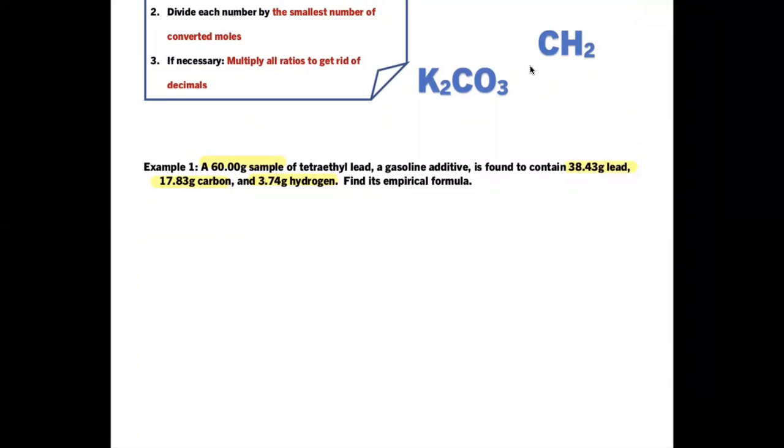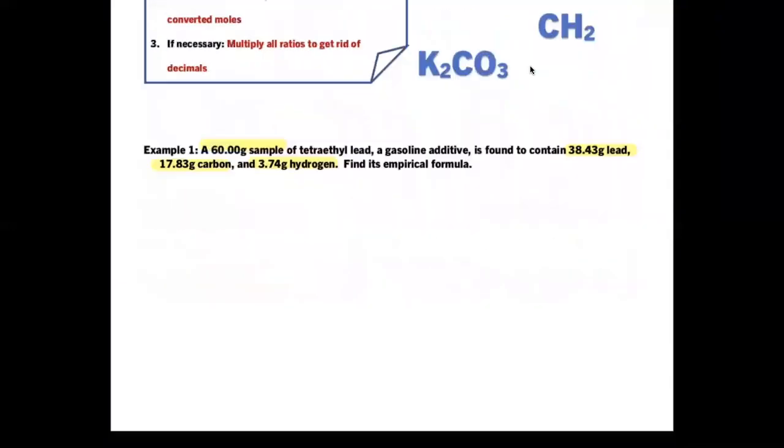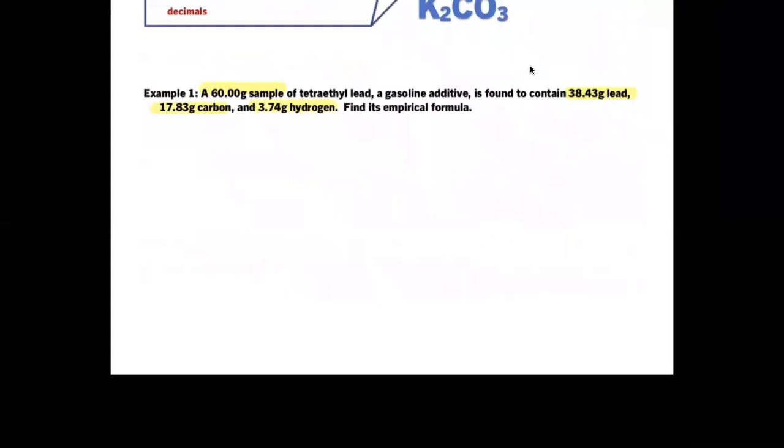So the first thing we're going to do is try to get our moles set up. So we know we're starting with lead. So we have 38.43 grams of lead. Now our goal is to convert this to moles using dimensional analysis. To do that, we want to get moles of lead on the bottom to cancel. The number we're going to be putting here is 207.2, which is the molar mass of lead, equal to 1 mole.